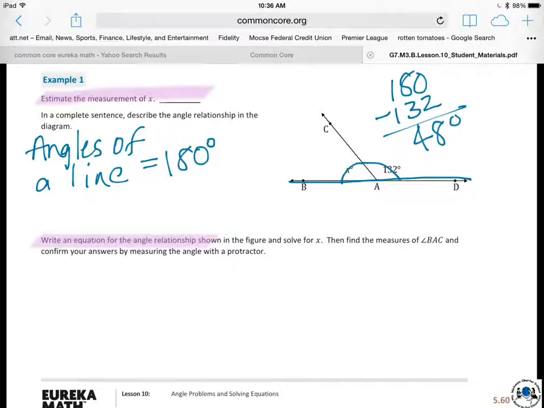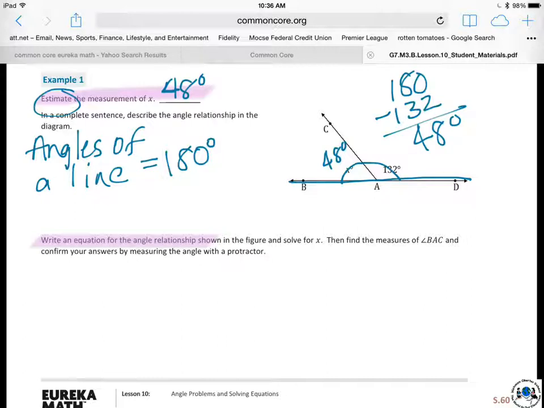I'm just doing an actual measurement; you could have also just estimated 50, because we're talking about an estimate here. But the truth is, you know it. The second part asks you to write an equation for the angle relationship shown in that figure.